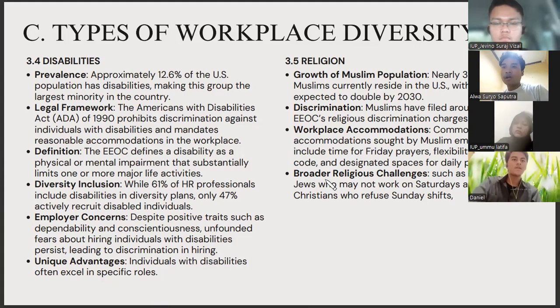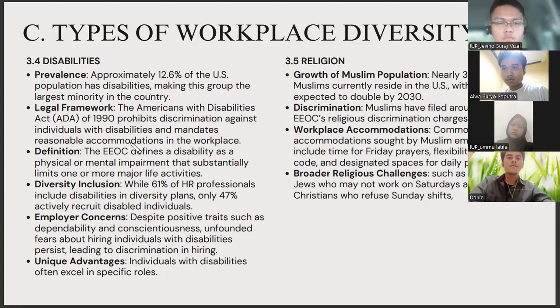Individuals with disabilities often excel in specific roles. For example, autistic workers are valued for their high concentration and productivity in fields like software testing and cybersecurity. These highlight the importance of integrating individuals with disabilities into the workforce for mutual benefit.